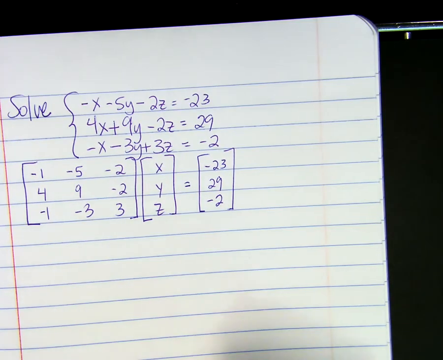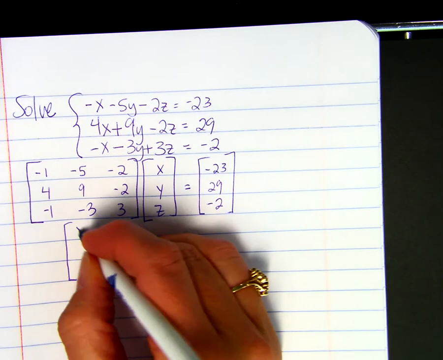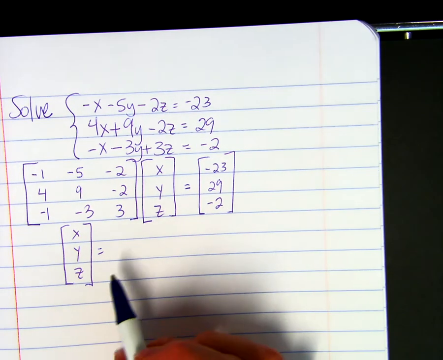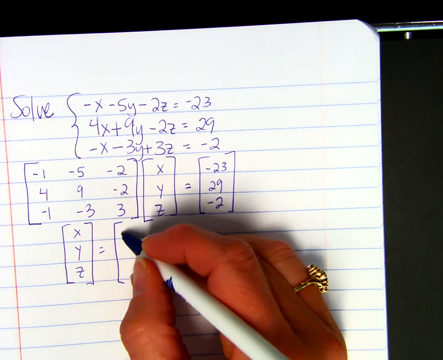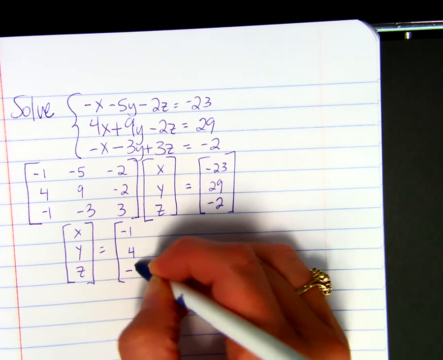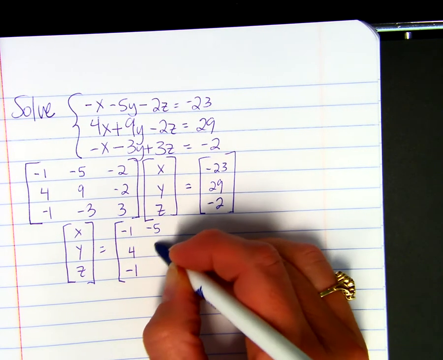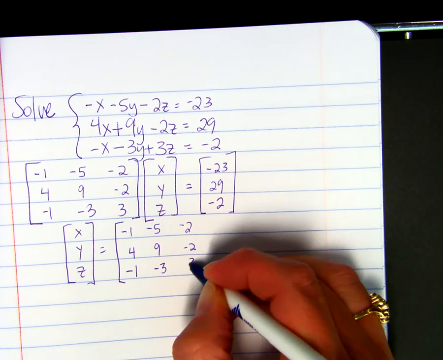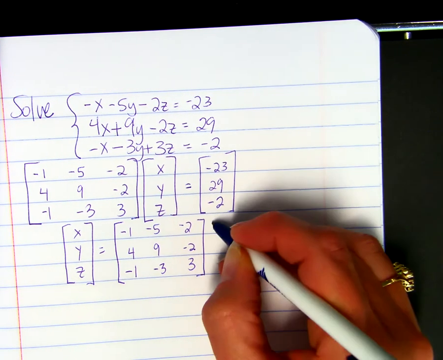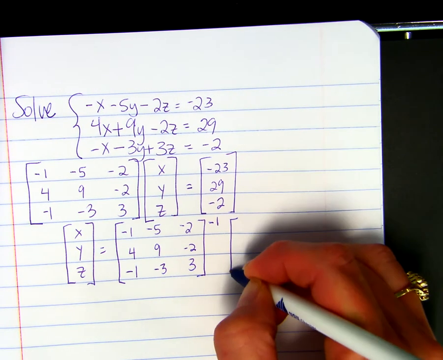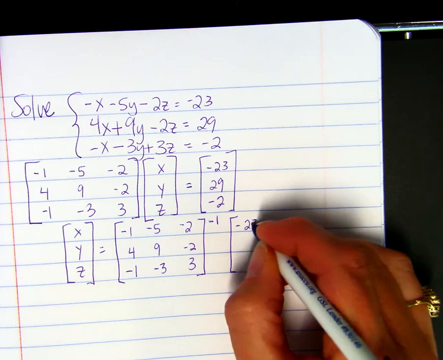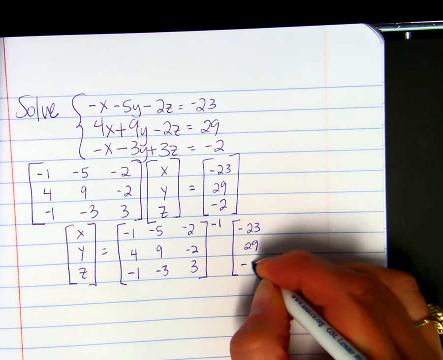So in order to find x, y, z, we're going to take the inverse of the coefficient matrix. So we write the matrix and put a little negative 1 there, times the constant matrix.